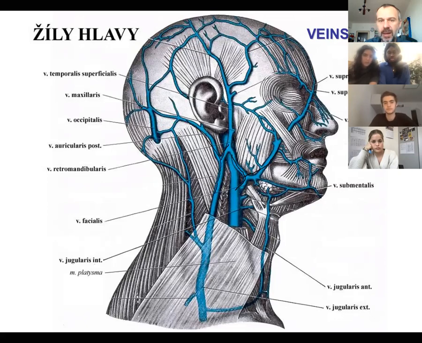And again, here the communication between the occipital and posterior auricular. And then in here, you can see this unnamed vein on the lateral aspect of the neck. Okay, so every figure shows you a different situation as veins are variable.